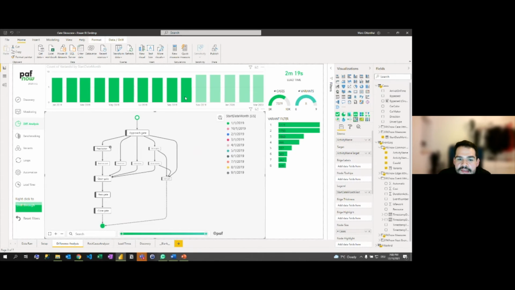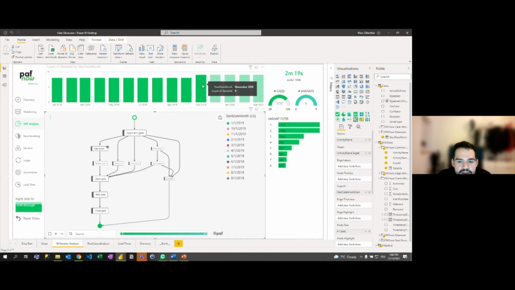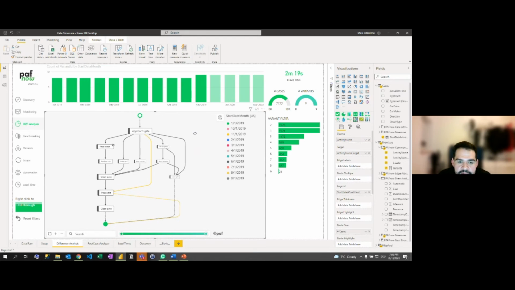And since I started selecting November 2019, because up until all these months, we only have 8 variants in our picture, but we will know that there's a 9th one coming, and this basically is highlighted by those bars, that there will be a new variant coming in. And when I select it, the Process Explorer will highlight basically the only variant which is different from all of the other variants. So this is what I tried to encapsulate with this visual, and that's why it's highlighted in yellow.